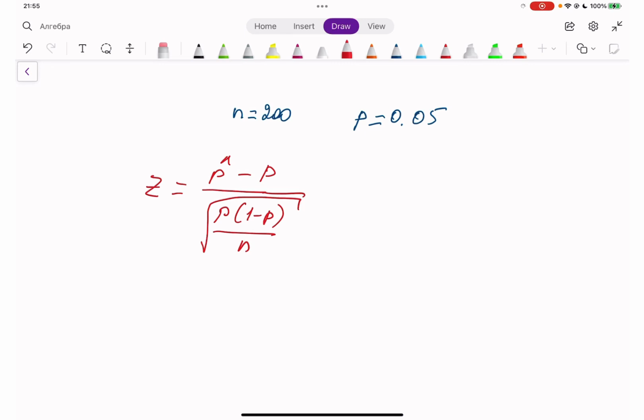So, let's see what we have and what we need to find. Our P hat is 0.1. Let me see. Yeah, I believe it's 0.1.